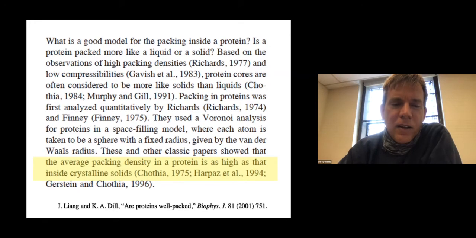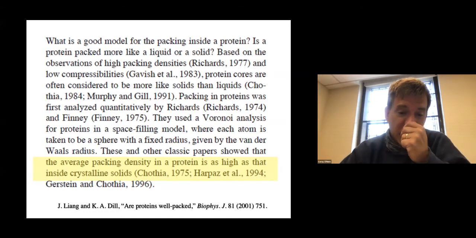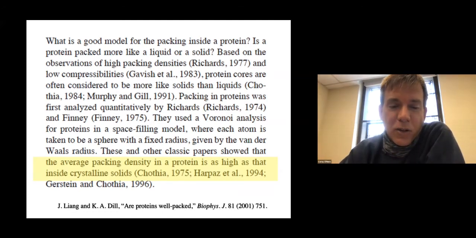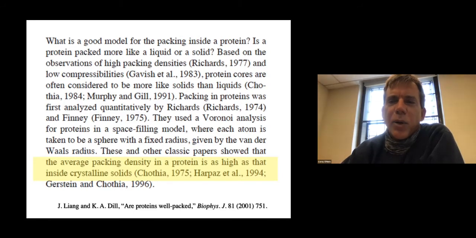It's done by Ken Dill and Liang. Both of them I've talked to. Ken Dill has done a lot of work using computational models to fold proteins, but I get to make fun of his early work here. There's this paragraph from this paper, and he says, what is a good model for the packing inside a protein, which is one of the questions we're asking here.